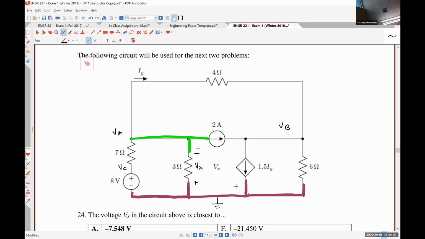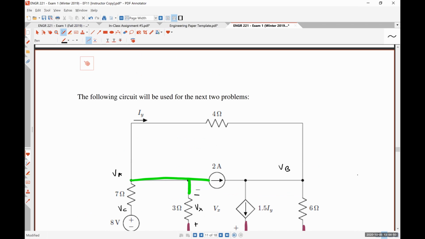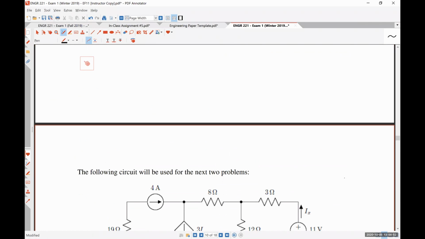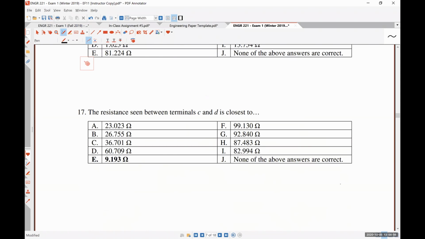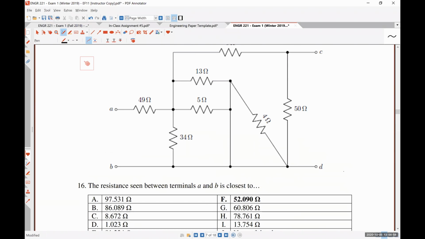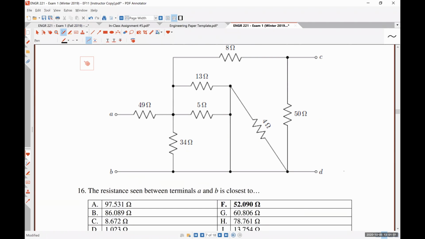Next question. Something I found interesting about one of the resistance questions, specifically the one from the winter exam, number 16 and 17. Something I found interesting is that the 4 is completely ignored because both sides are on the same node.